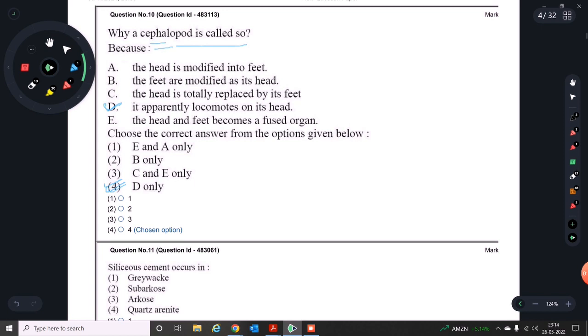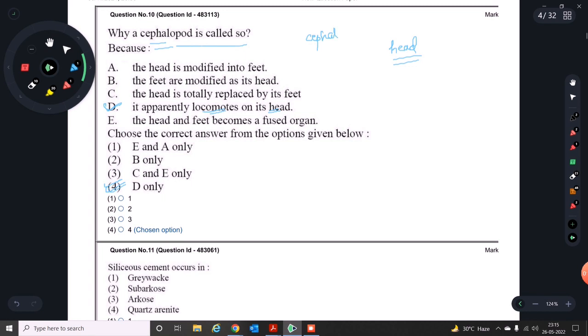Because what cephalopod means, pod means foot and cephalo means head. And locomotes means it moves. So it apparently locomotes on its head. It moves on its head. Okay?